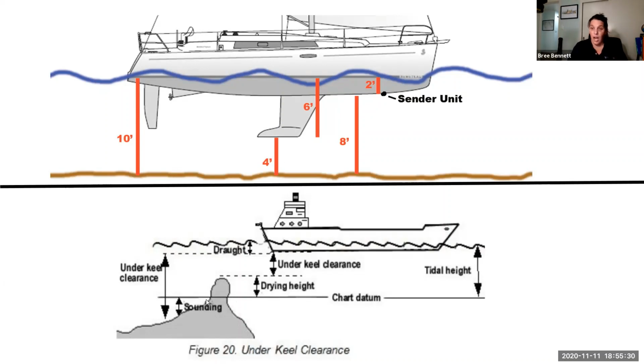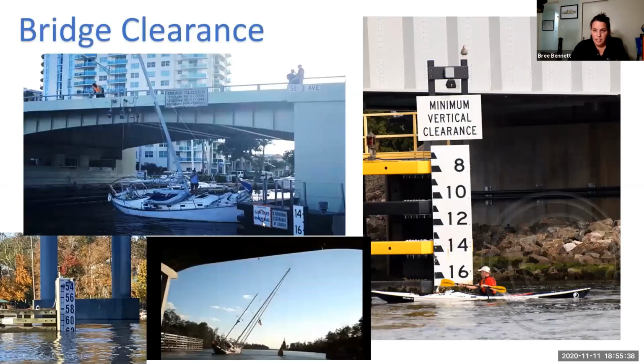The opposite side of under keel clearance is our bridge clearance. We have a few bridges in Newport, but some places have a lot of bridges. Especially if you're on a sailboat with a tall vertical draft, you want to know what the bridge clearances are.